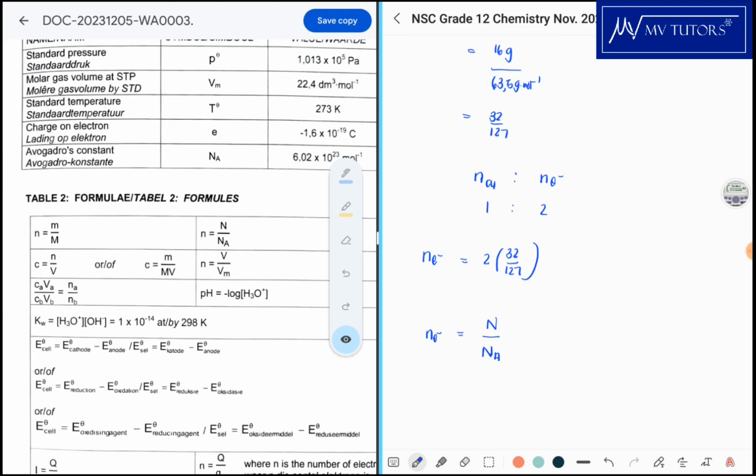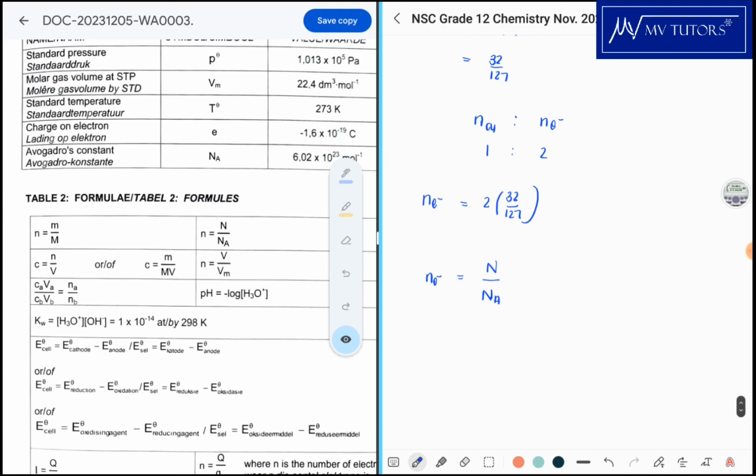And N, in this case, is the number of molecules or atoms. I want to get the number of electrons here, but just follow with me and let's see what we're going to do with that.